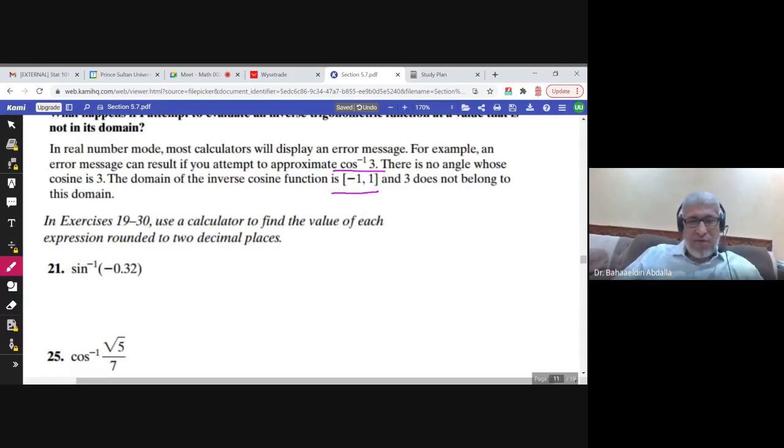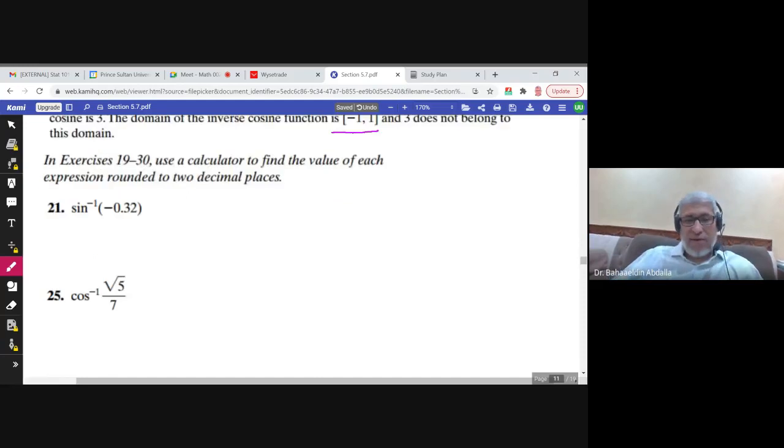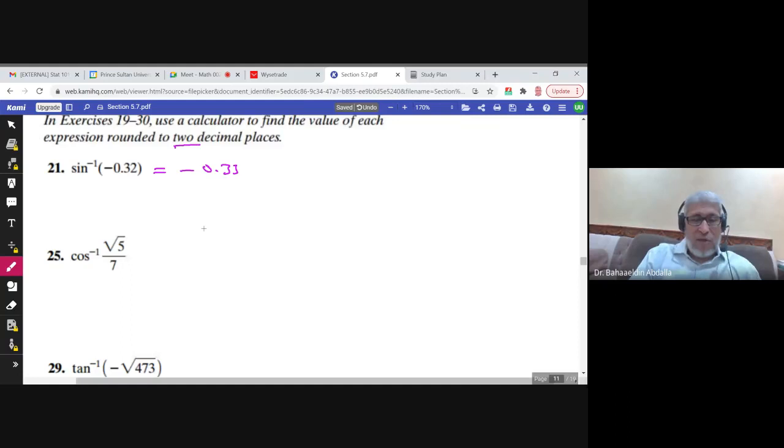Now, let us solve these exercises. Use a calculator to evaluate this. Let us check sine inverse negative 0.32. Round to 2 decimal places. So the answer is negative 0.33 because of the 5 after, so I write it 3.